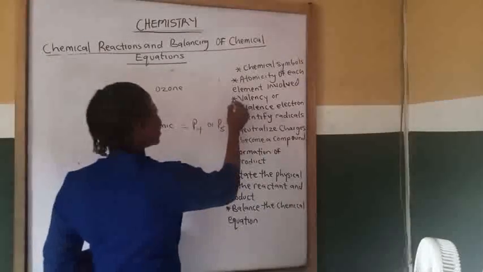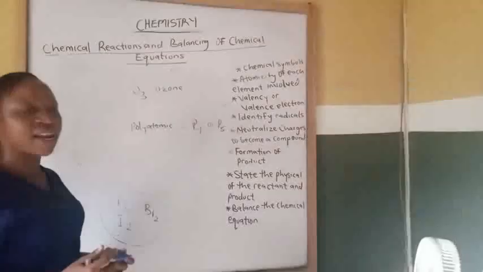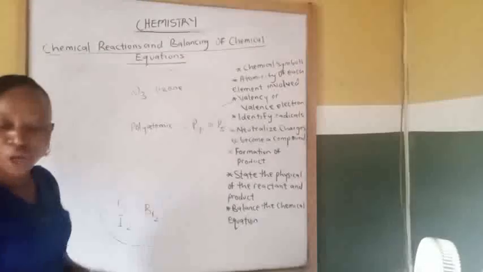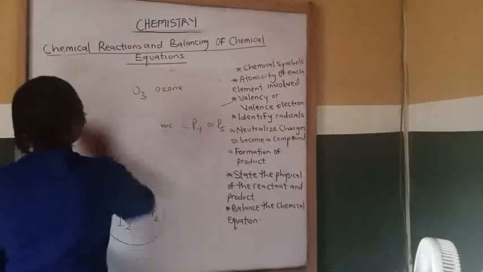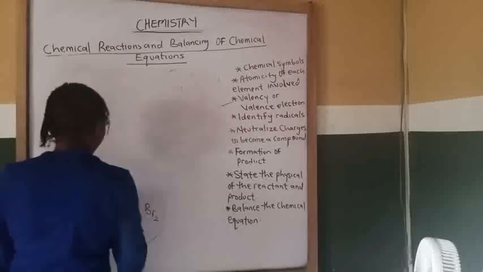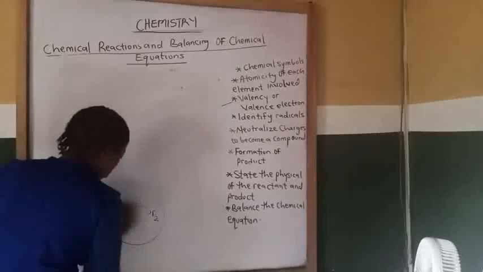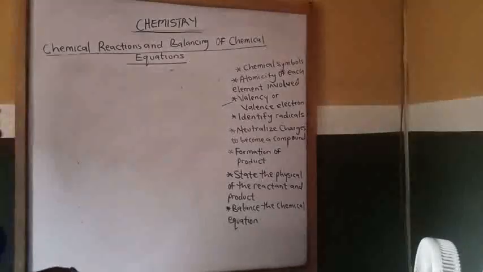Then the next thing is the valence, or you call this valence electron. So you also need valence during chemical reaction. So what is valence electron?